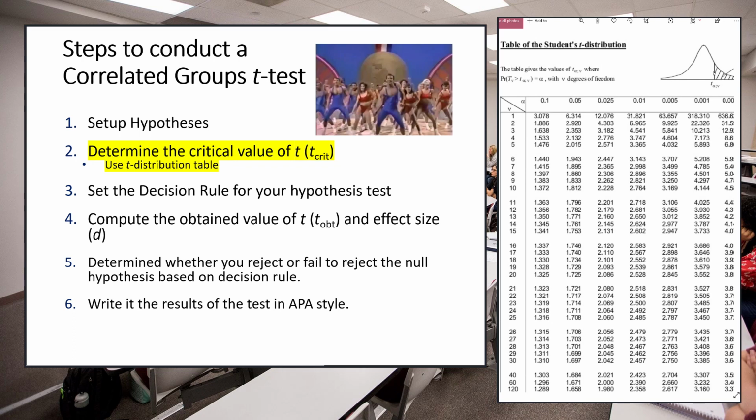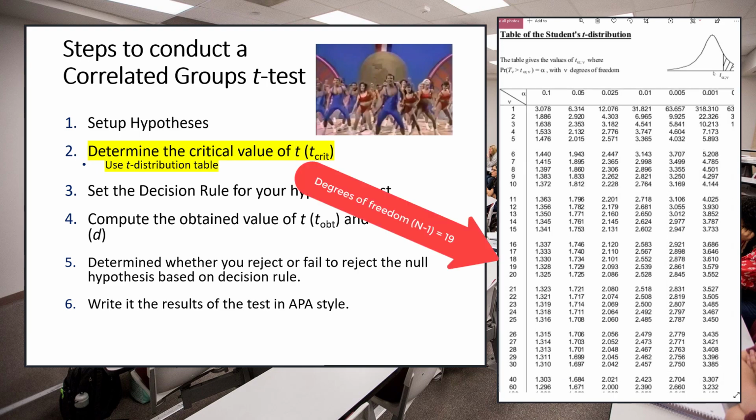So the degrees of freedom for a correlated groups t-test is n-1. So our experimenter had collected data on 20 people. That means his degrees of freedom is 19.